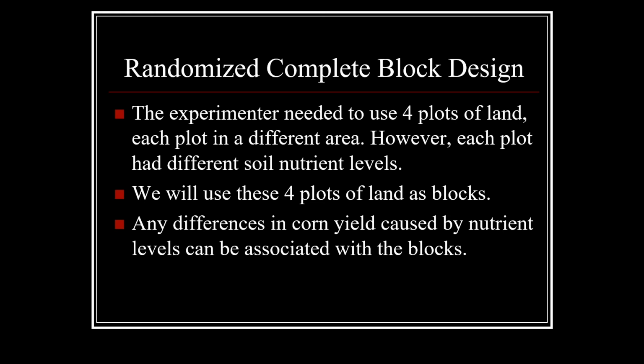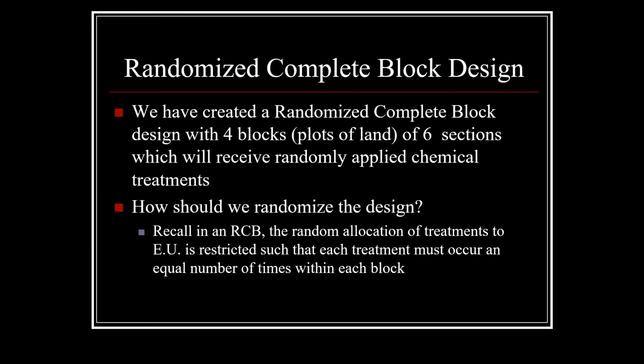Now, each plot has different soil nutrient levels, and so we'll use these 4 plots of land as blocks. Therefore, any differences in perhaps corn yield caused by nutrient levels can be associated with the blocks. So what we've created is a randomized complete block design with 4 blocks, our plots of land, with 6 sections which will receive randomly applied fertilizer treatments.